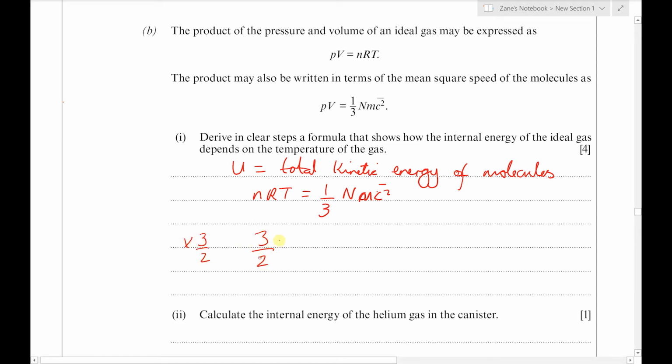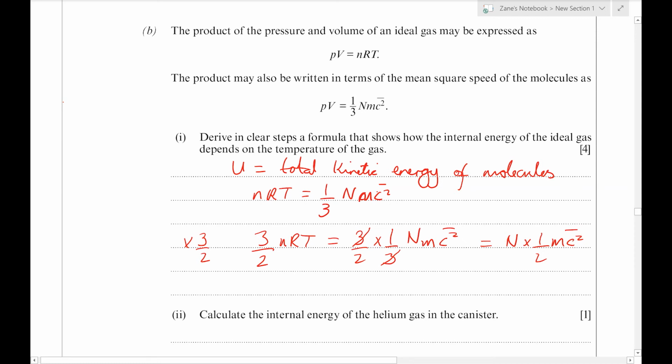So the left hand side will become 3/2 nRT, and the right hand side, well, 3/2 times 1/3 times Nmc squared bar. We'll see that those cancel, and let's rewrite the right hand side in a slightly different way and write it as N times a half mc squared bar.